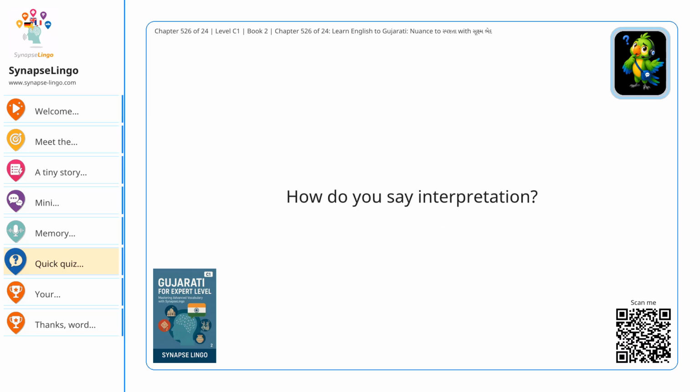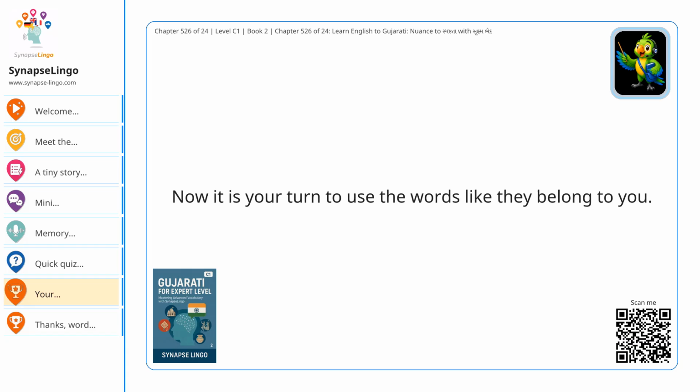How do you say interpretation? अर्थघटन. What is contextualization in Gujarati? संदर्भीकरण. What word means demarcation? अलगीकरण. And clarification? स्पष्टता.